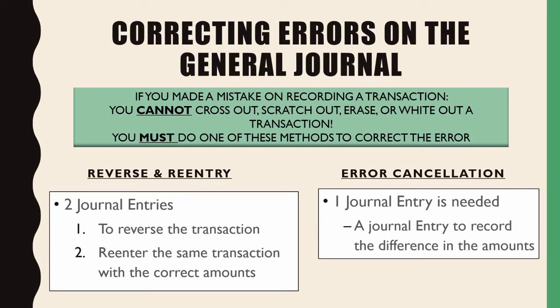Because that's a big no-no, because that right there is a possibility for fraud. And you definitely don't want to do that, especially if you're working for another company. But because we are using Excel to help us record these transactions, then of course you're able to fix your mistakes pretty quick and pretty easily, okay?